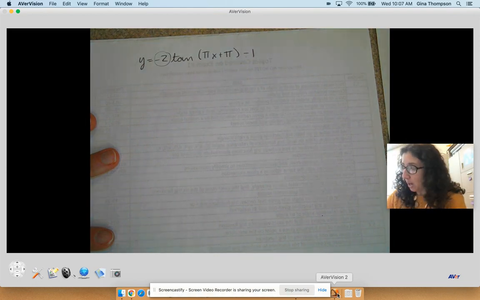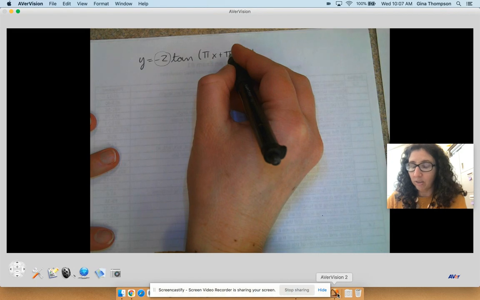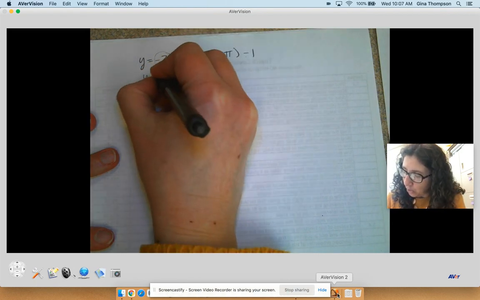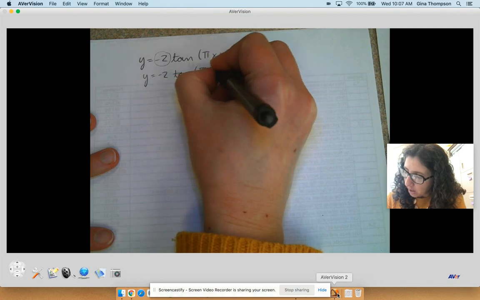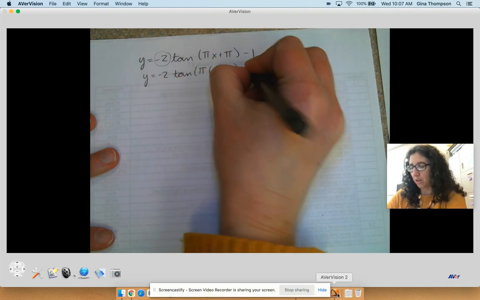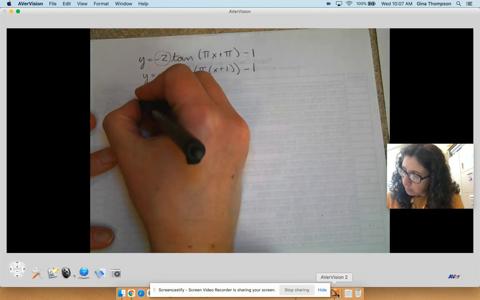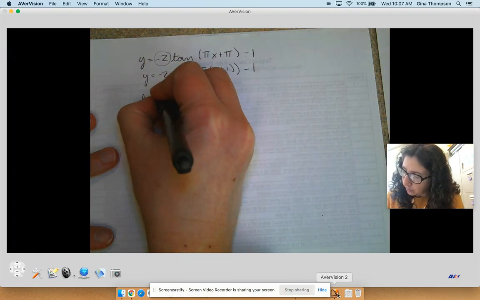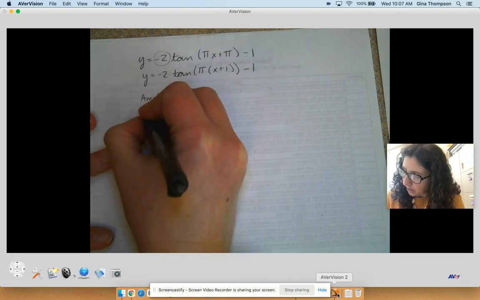So first thing I want to do, since we have a period change and a horizontal shift, I'm going to factor that out so we don't get confused. And I'm going to say pi times (x plus 1) minus 1. Okay, so let's see, our amplitude is 2. There's a vertical reflection.